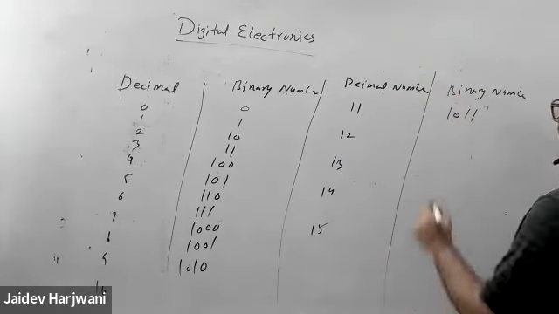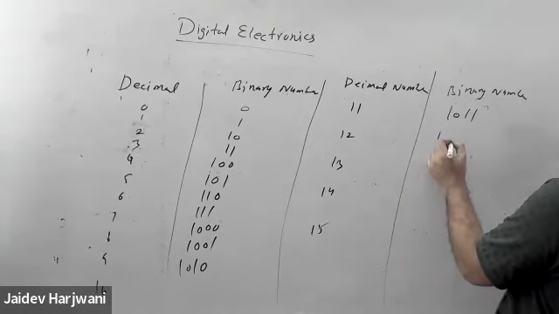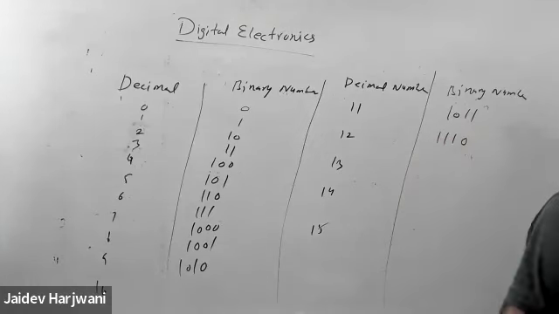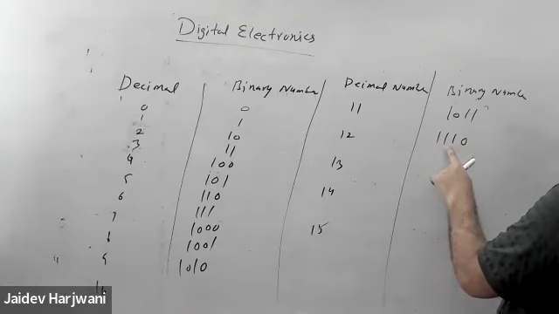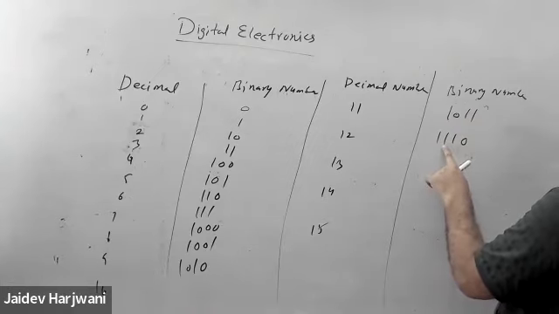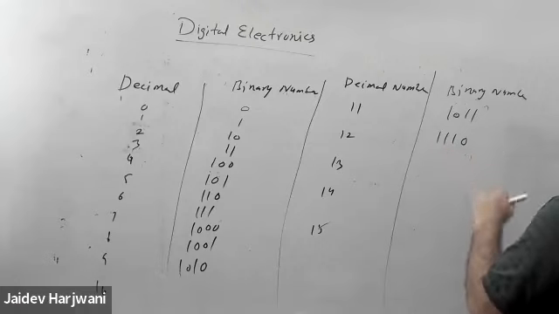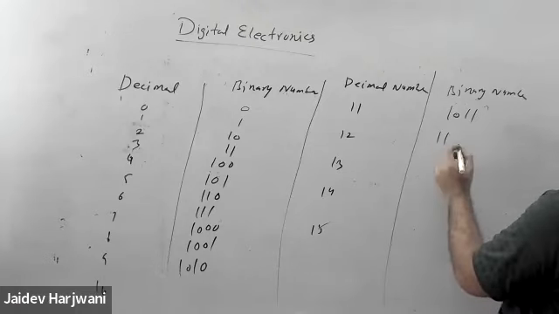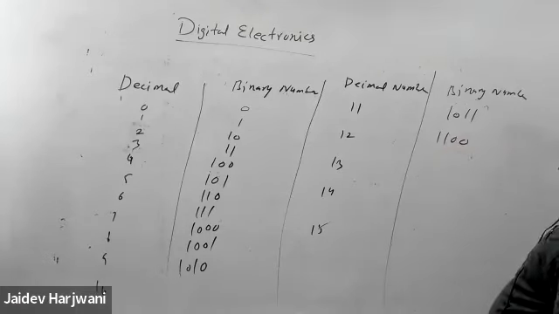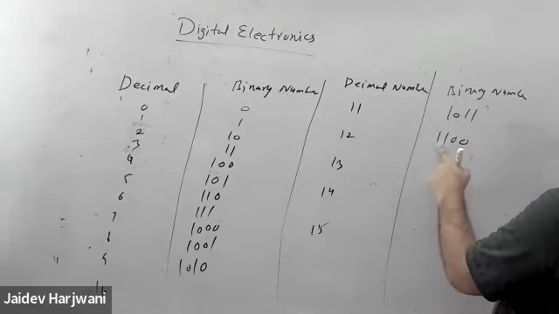For 12, what can I write? 2 and 4 is 6, plus 8 becomes 14, that is not it. So what should I write? 2 power 2 is 4, and 8, 12. So 12 is 1100.